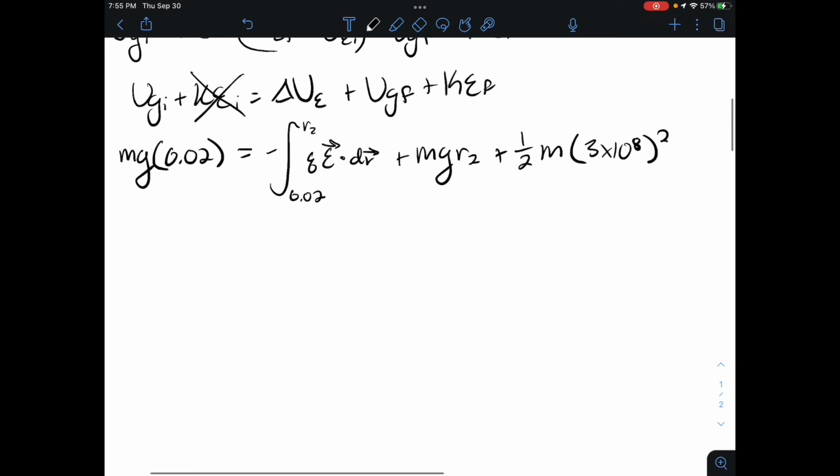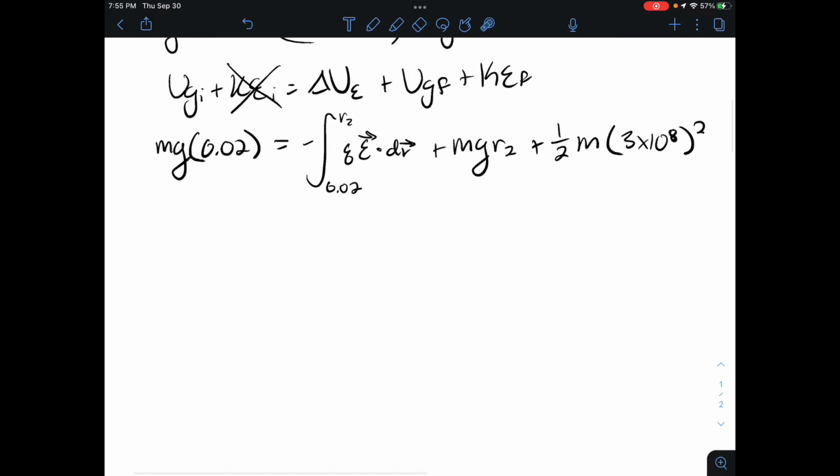Since they're going in the same direction, the angle between them is 0, and cosine of 0 is 1. So when we're dotting these two vectors together, it's just multiplying the two magnitudes. But what's the magnitude of our electric field?